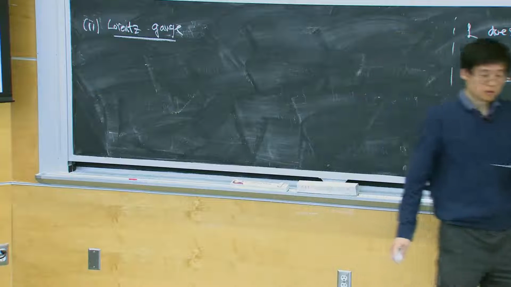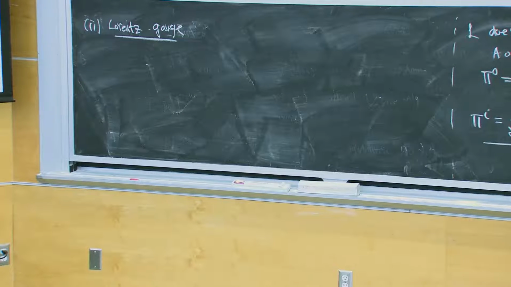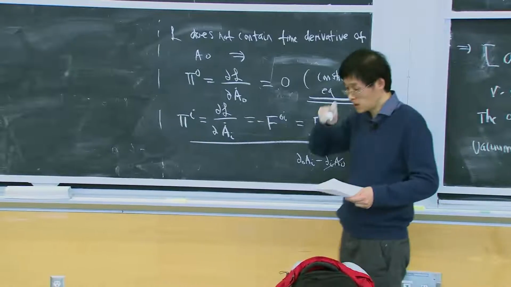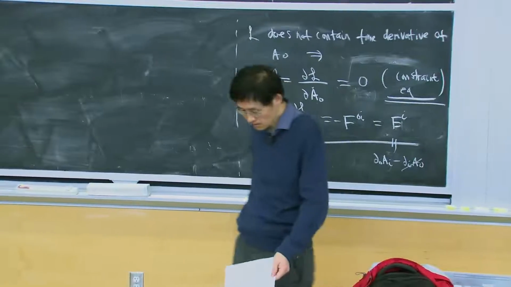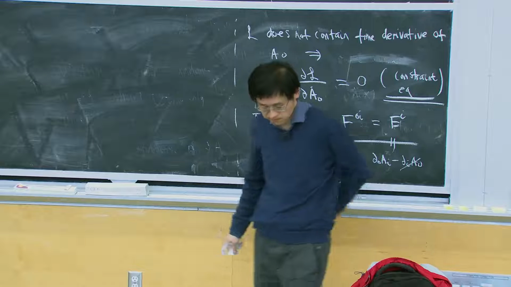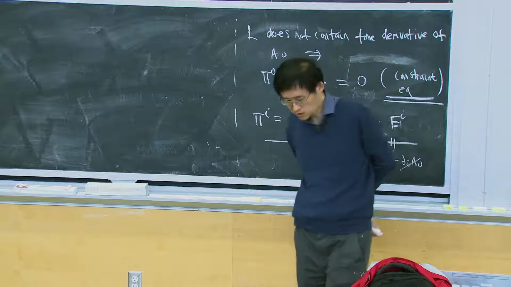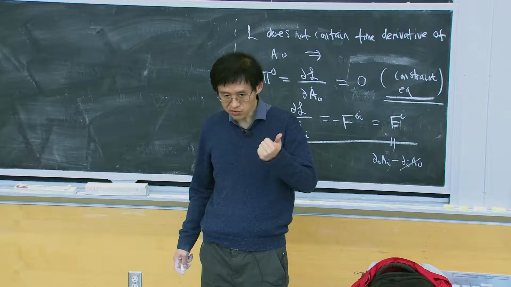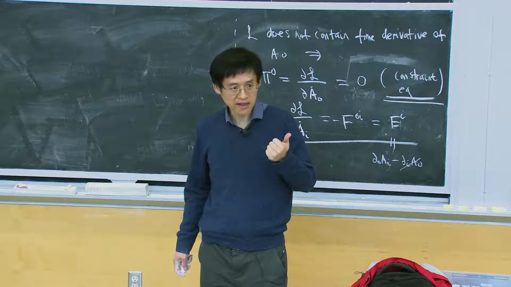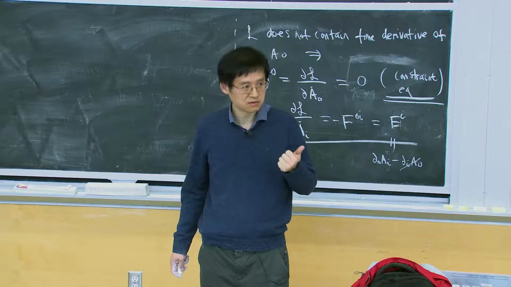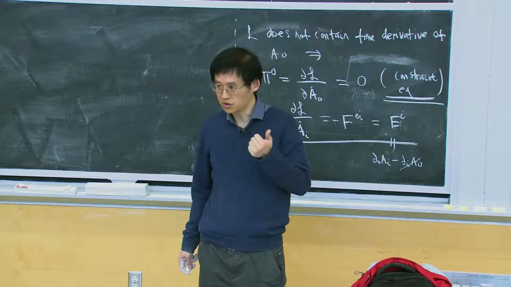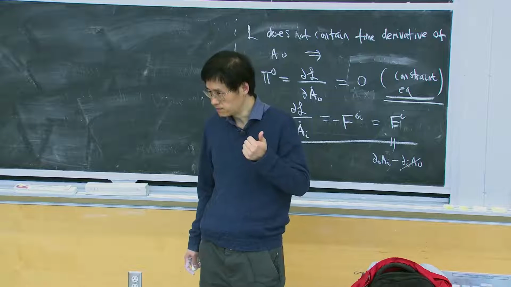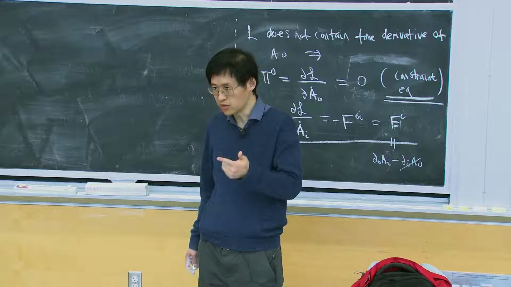So in the Lorentz gauge, we will use a somewhat different strategy, because in the Lorentz gauge, first, solving the gauge condition becomes more difficult, and also there's a residual gauge freedom.